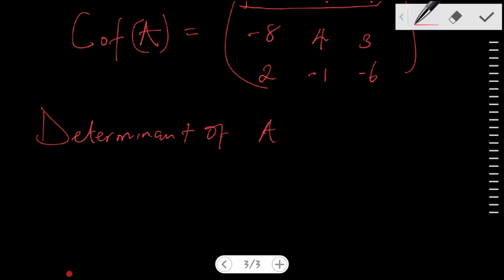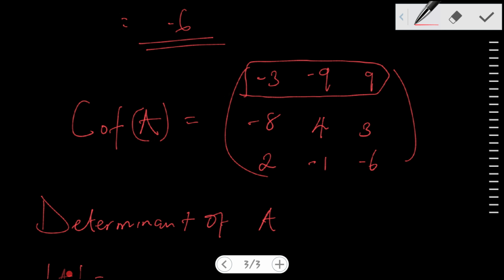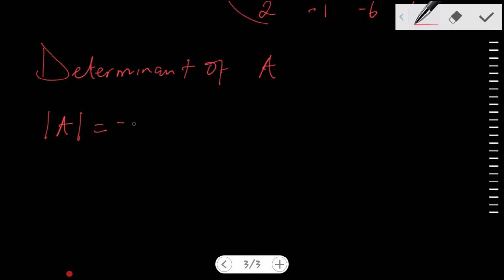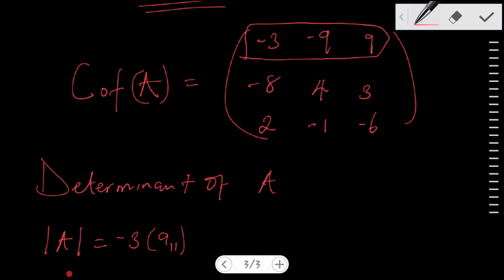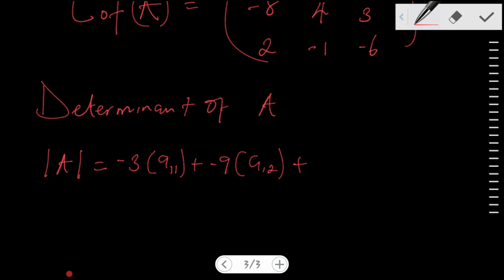So the determinant of A would be equal to -3 into A11, then plus -9 into A12, plus 9 into A13.